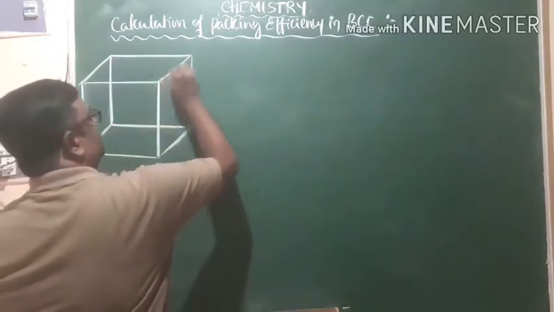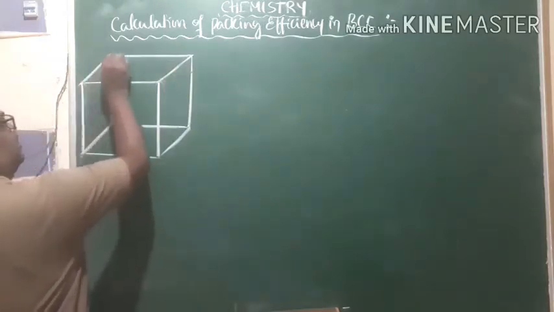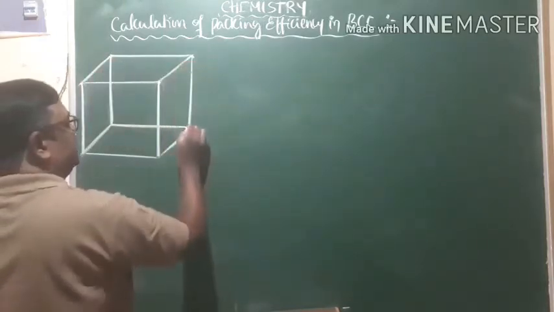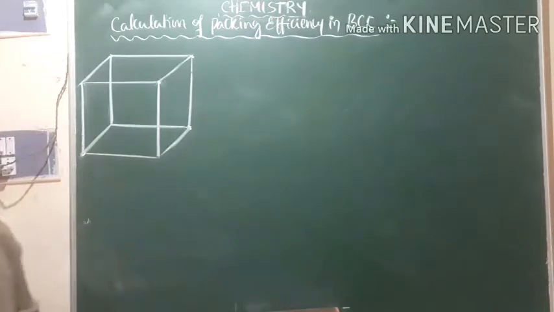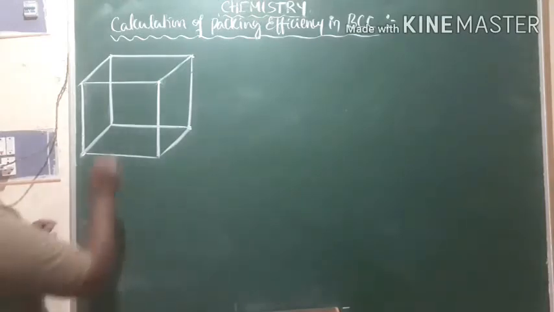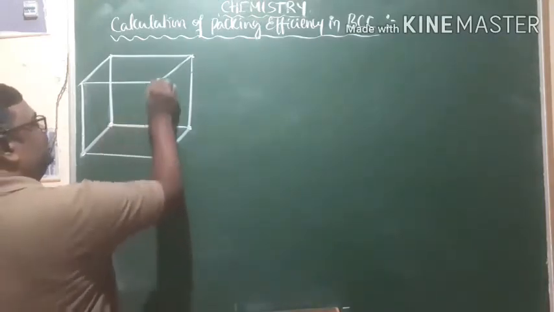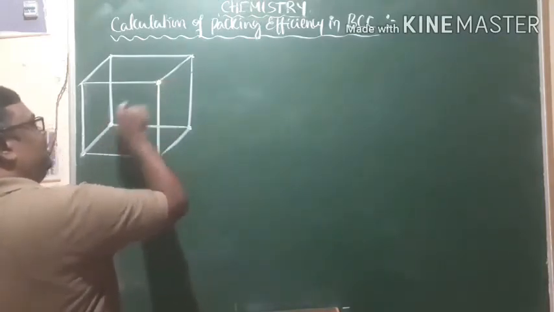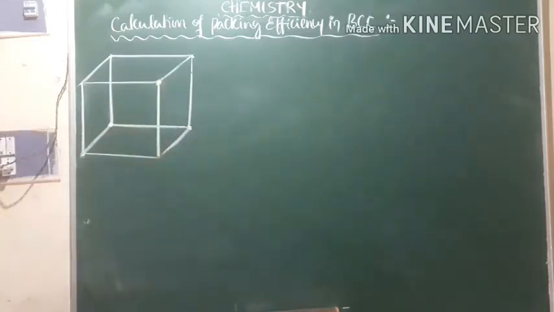As I said, you will find the particles at the corners as well as at the body center. Look at this. Here it is the body diagonal. You will find the particles along the body diagonal. That is important for us.